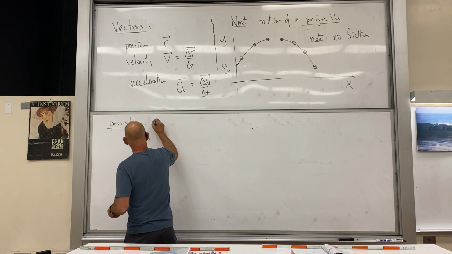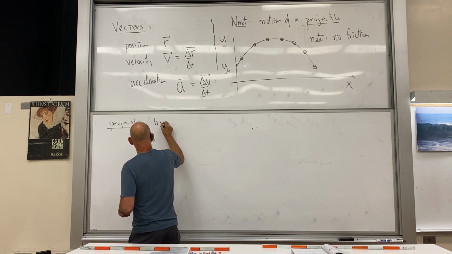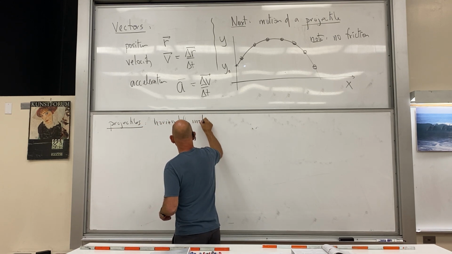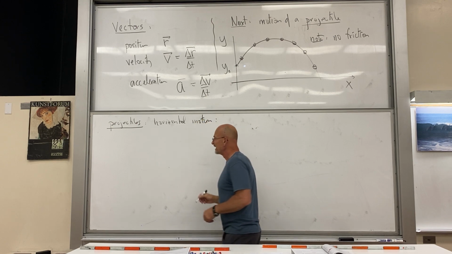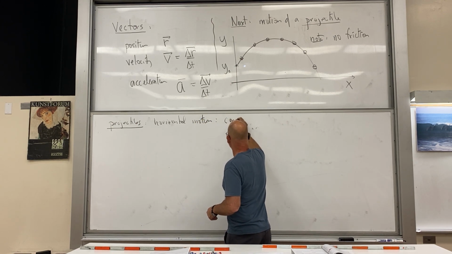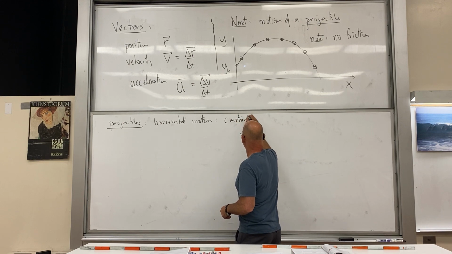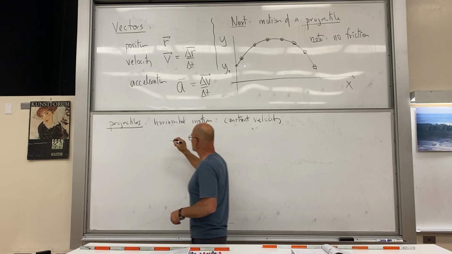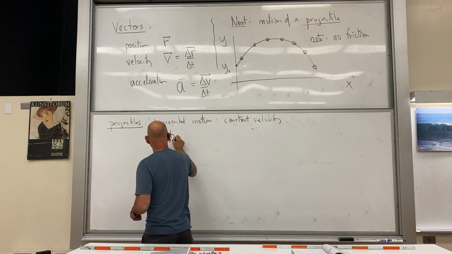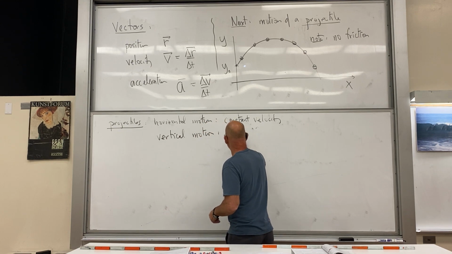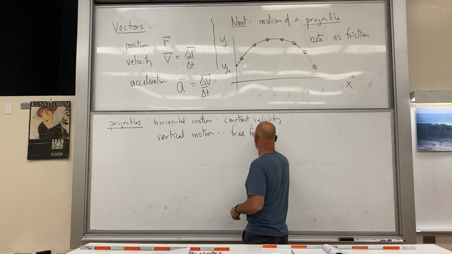What does that mean? Horizontal motion is motion with constant velocity. Vertical motion is just free fall.